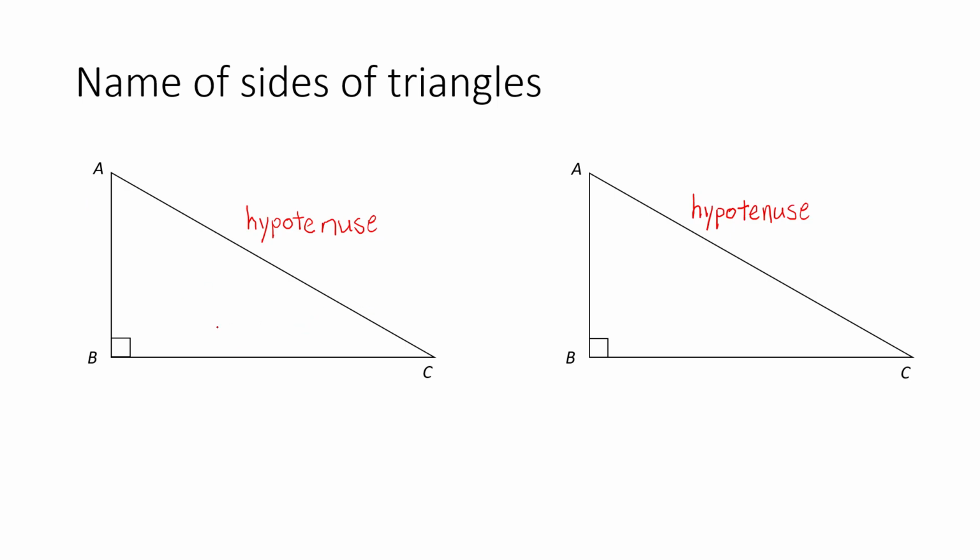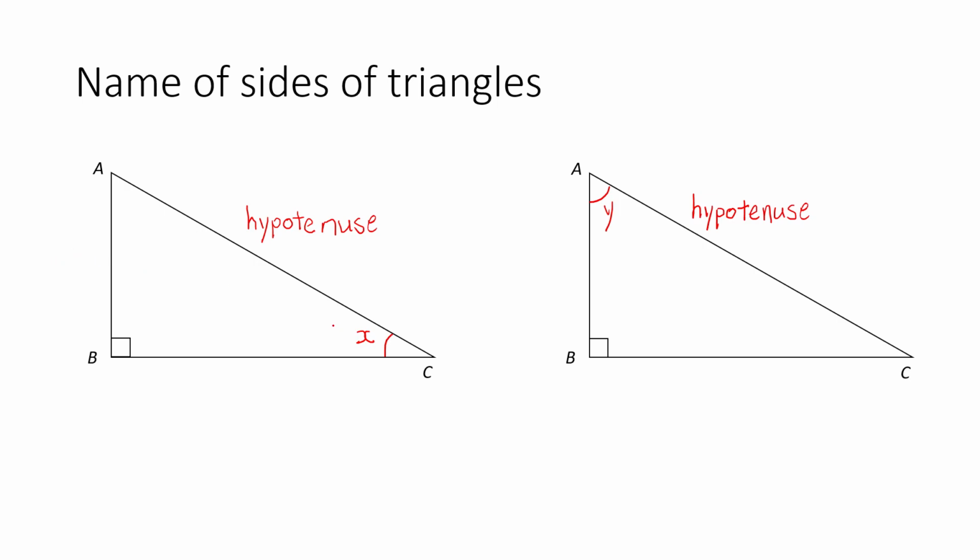Next, we have two more sides, and depending on which angle we are interested in, the name can be different. So let's say we are interested in this angle, we call it angle X, and we are interested in this angle down here, we call it angle Y. So when we are talking about this angle, the side that is opposite this angle actually has a very creative name.